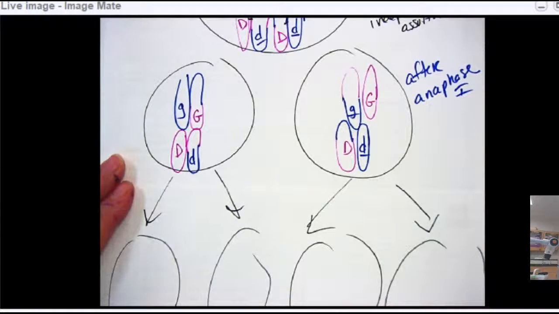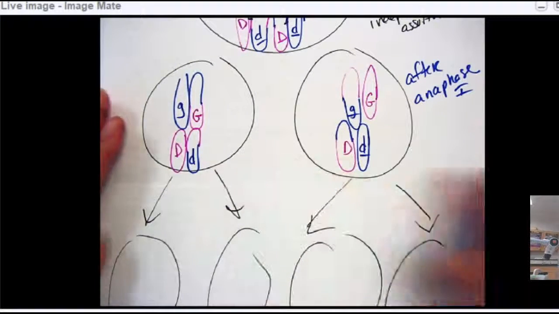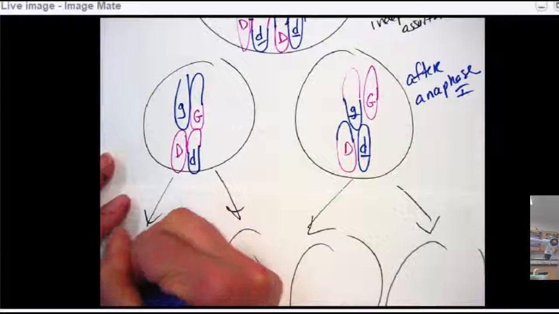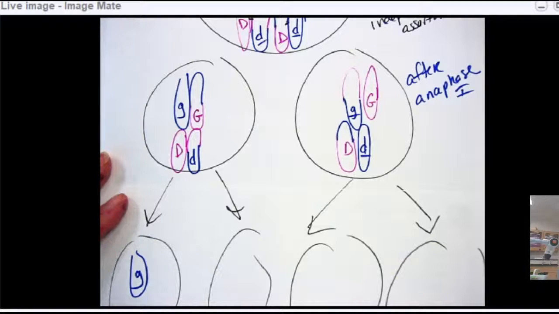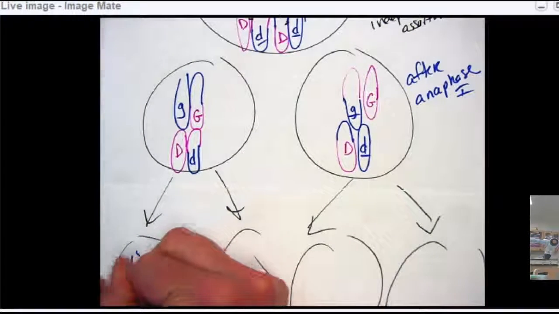And that's what they want you to draw. So the 4 cells that I have are just coming randomly from these. So I'm going to say that I have a lowercase g on chromosome 1. I have a dominant D on chromosome 2.